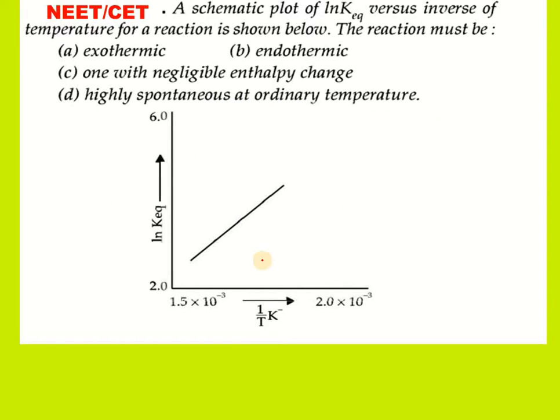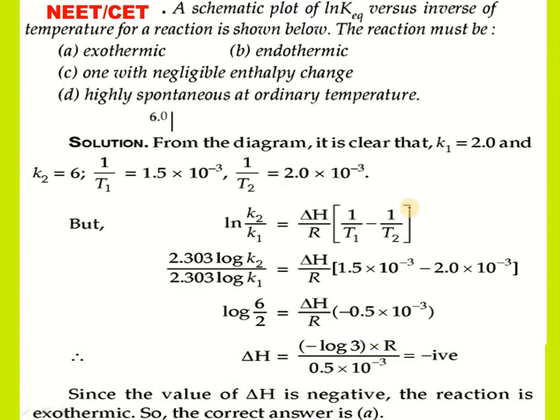So we have ln K equilibrium along the y-axis, and along the x-axis we have 1 by T, temperature. In the diagram, if you observe, K1 is 2.0, K2 is 6, and 1 by T1 is 1.5, 1 by T2 is 2.0 10 power minus 3.